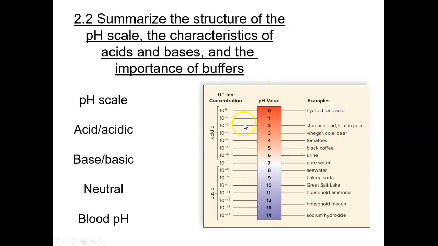So when you look at the pH scale, pH 7 is going to be neutral. So absolutely pure water is neutral. It's not acidic, it's not basic. If you go below pH 7, it's going to be more acidic, and here's some examples of acids and how acidic they are. And then you go above 7 up to 14, it's going to be basic.